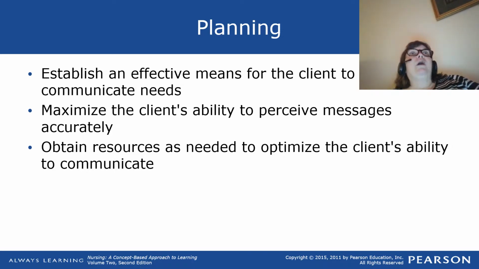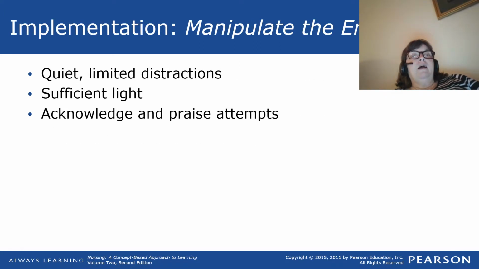We'll talk more about how to make it a SMART goal, but for right now, this is adequate. We want to maximize the client's ability to perceive messages accurately and obtain resources as needed to optimize the client's ability to communicate.